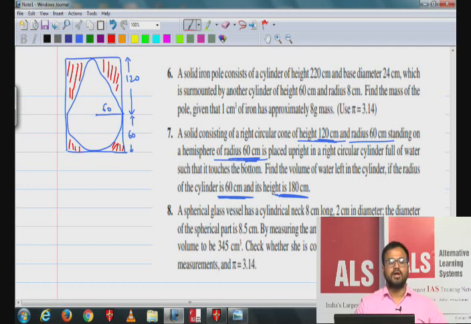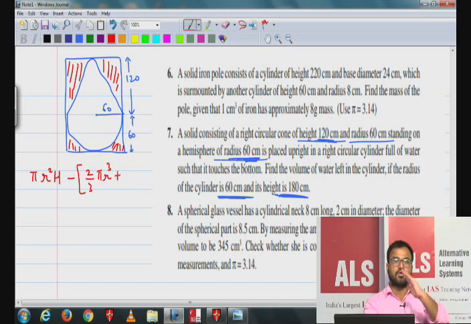So from the total volume of the cylinder, subtract the volume of this cone plus hemispherical shape object. The volume of the cylinder is pi r square, capital H for the cylinder, minus these two things. For the hemisphere, the volume is 2 by 3 pi r cube, plus for the cone, the volume is 1 by 3 pi r square h.